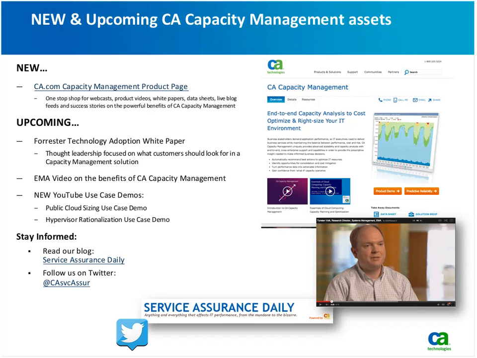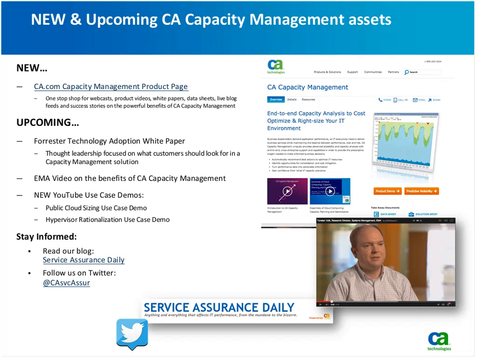So a great thought leadership white paper that will be available very soon on the new CA.com capacity management page, as well as a video interview with Torsten Volk from EMA around what he loves about the CA capacity management solution, and also, again, why customers should consider capacity management in today's very complex IT environments.